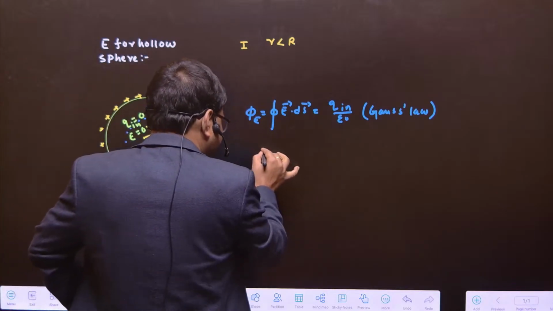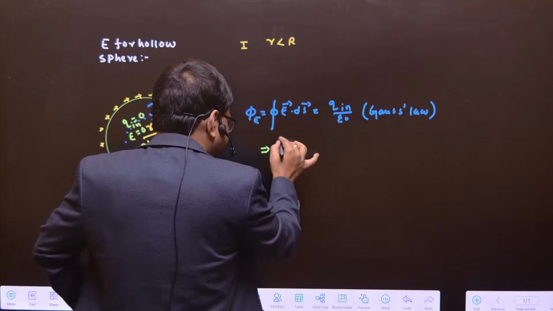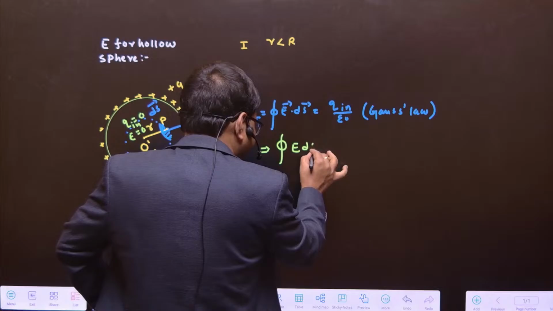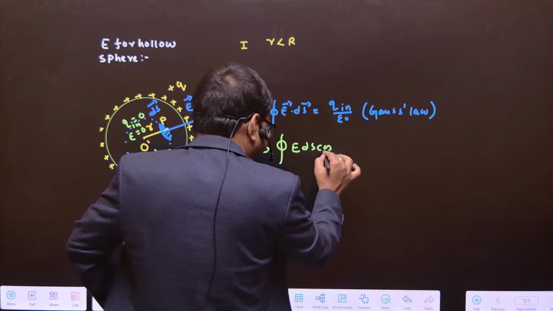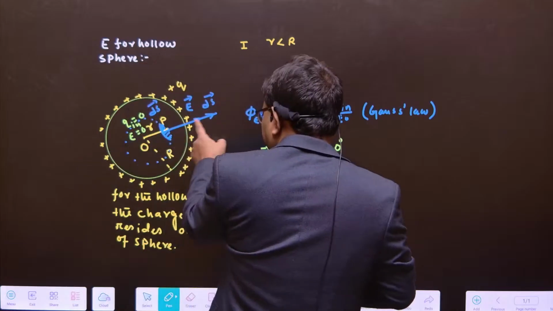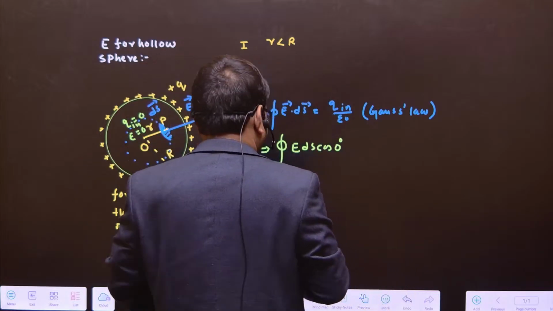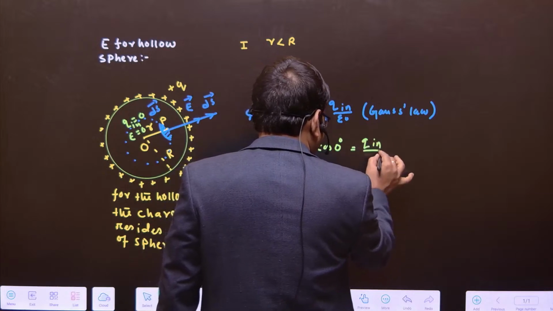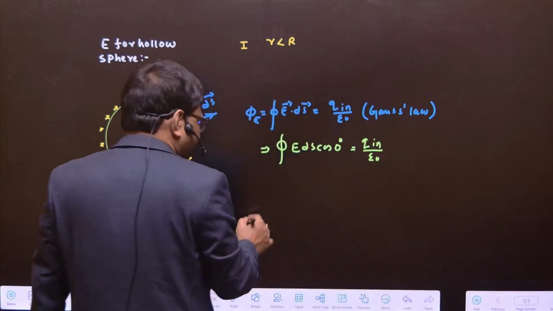Dekho. Now see, we can write here surface integral E ds cos theta, cos 0 degree, same direction, area vector and electric field theta 0 degree, and then we can write here q in divided by epsilon naught according to Gauss theorem.